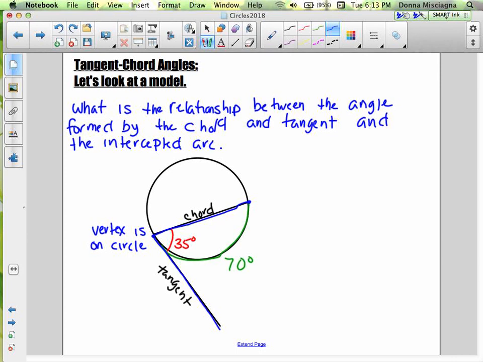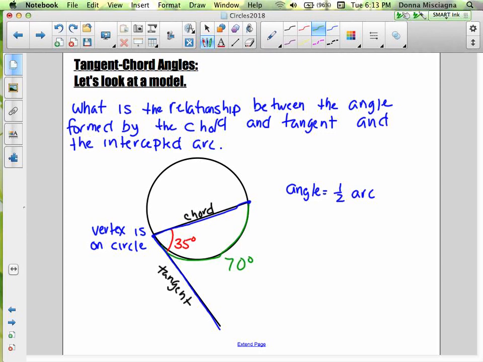Notice the vertex is on the circle. I notice the angle that's created is 35 degrees. The arc that's located inside the angle there is 70 degrees. So I notice that the angle is 1/2 the measure of the arc because 35 is half of 70.